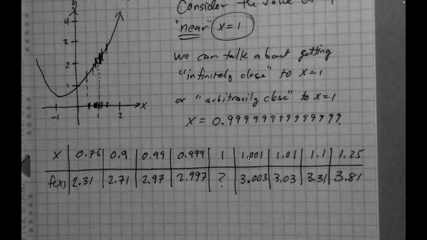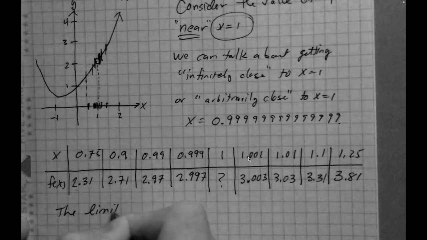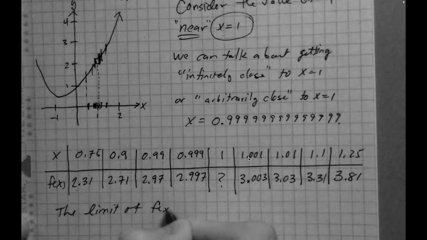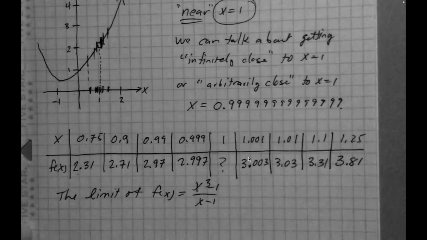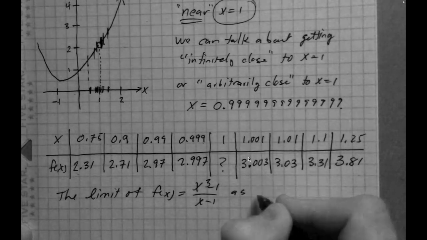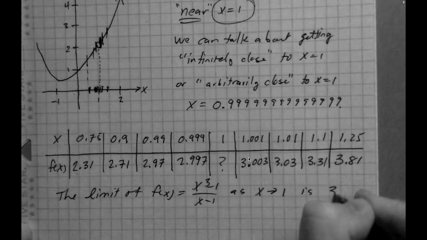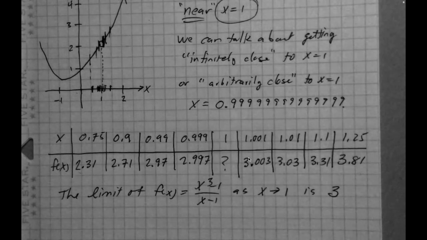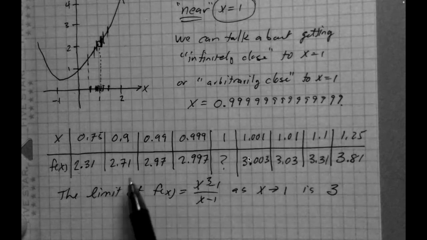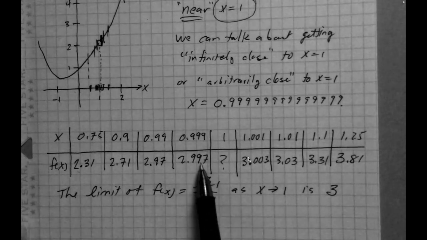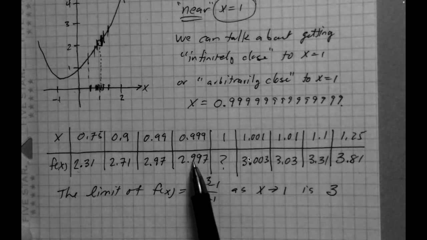And what we would say is that the limit of f of x equals x cubed minus 1 over x minus 1, the limit of that function as x approaches 1 is 3. Okay, and hopefully you can see it in this numerical example. As we get closer and closer to the value of 1, the value of the function gets closer and closer to 3.